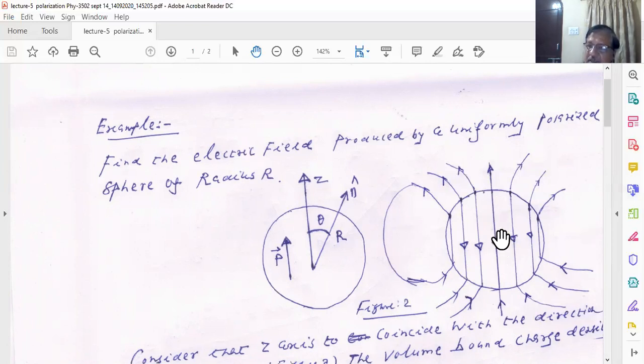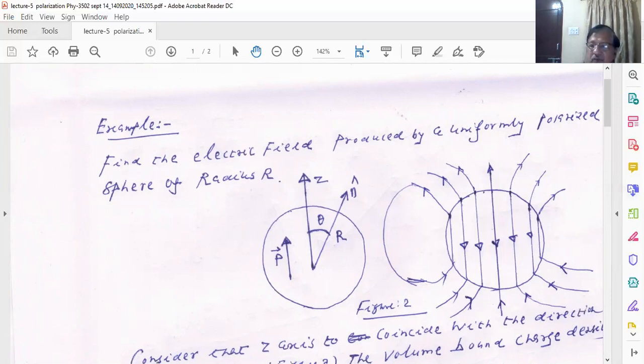The electric field is opposite to the direction of polarization and it is a uniform field. So if you see inside the polarized object, if it is a regular sphere of radius r, then you have a uniform electric field.